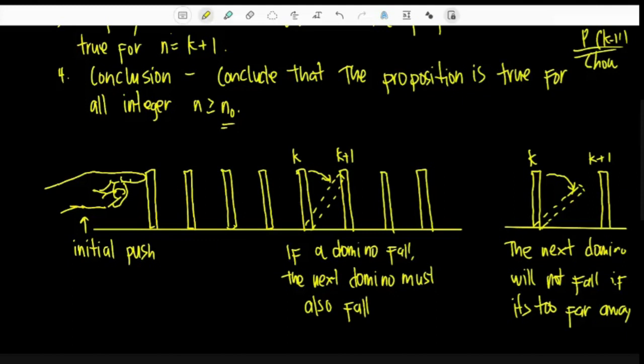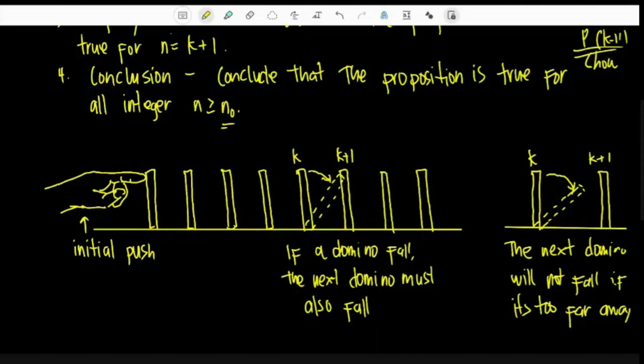Meaning, first, you need an initial push, and for every succeeding domino, if a certain domino, let's say the domino in the kth position, falls, then the next domino must also fall. So that's the condition of the dominoes. So you just have to push the first domino, and then all the rest will follow, provided that for any kth domino that falls, the next domino will also fall.